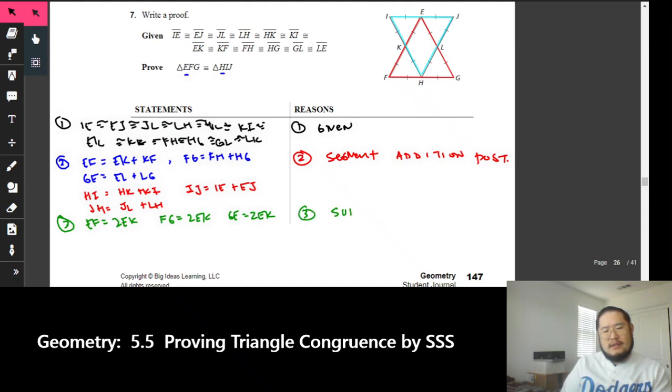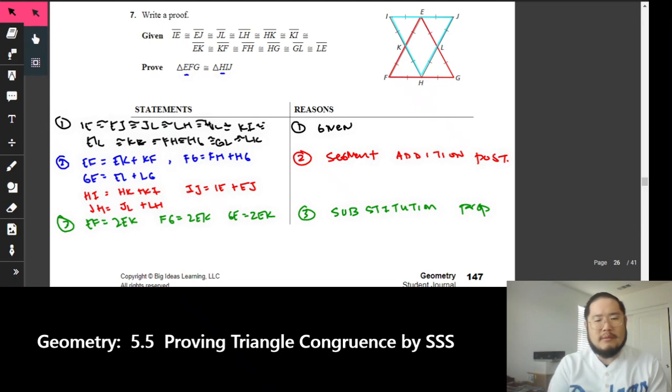What I'm actually doing is using the substitution property, because I know that FJ right here is equal to EK according to our list of given statements, of given things that are congruent. So I want to take 2 times EK right there.